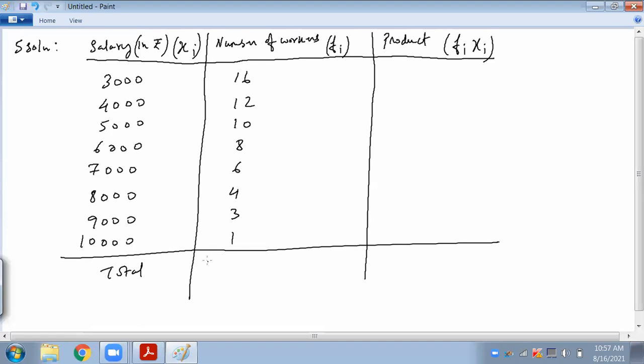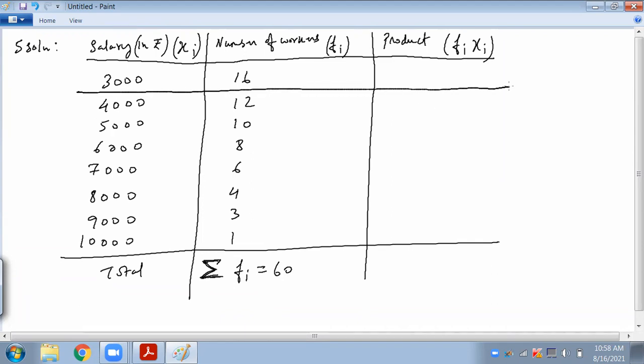So the sum of Fi is equal to 60. This symbol is called sum of.